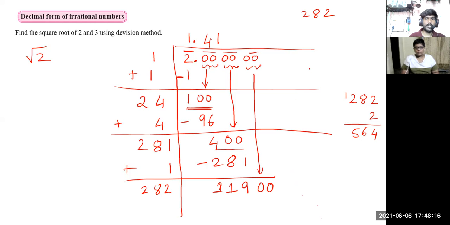So now can you tell me which number should I take? 3. So if you put 3 and then multiply it with 3, you get 9, 6, 3 8s are 24, 3 2s are 6, plus 2, 8. So we get 8469. So this is too small, right?